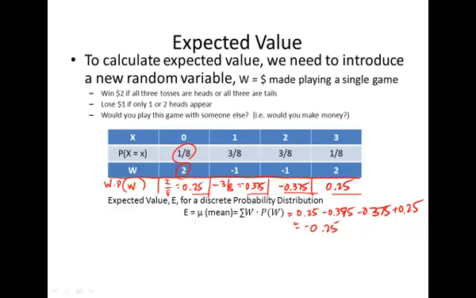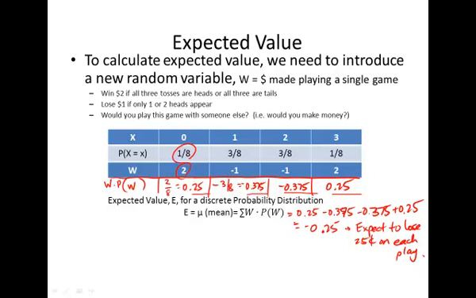So let's interpret that, right? That means that, on average, we would expect to lose 25 cents each time we play. So each time we play the game, we expect to lose 25 cents on average.